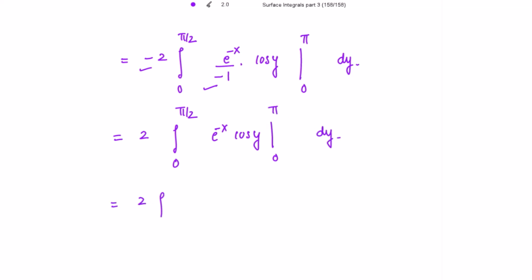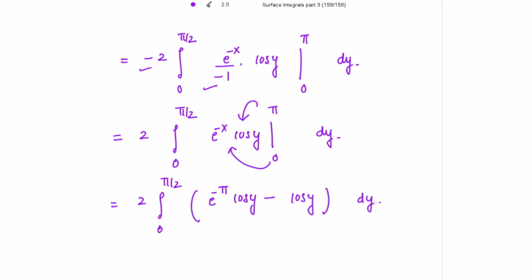So this is twice the integration from 0 to pi by 2. Putting the upper limit for x, it is e to the power minus pi cos of y, minus putting the lower limit on x, it is e to the power 0, that is 1. So I'm writing here cos of y only, dy.